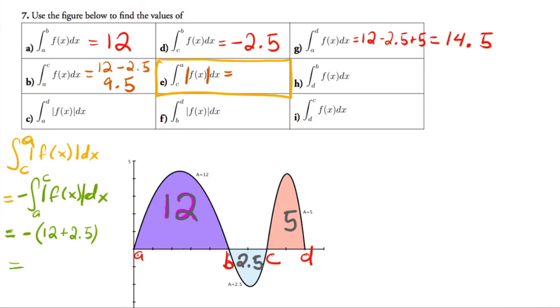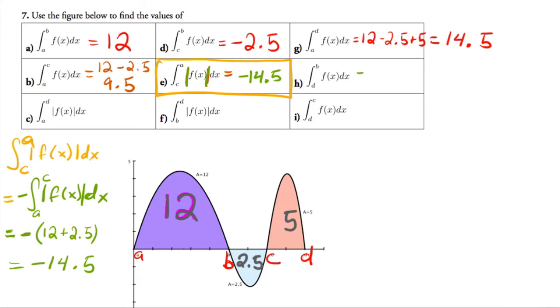But you have this negative sign out here, and so the answer is negative 14.5. And this is totally counterintuitive, because in the beginning you think, well, absolute value, it's going to end up being positive. But because you have to use the property to switch the limits of integration, it actually is a negative value.